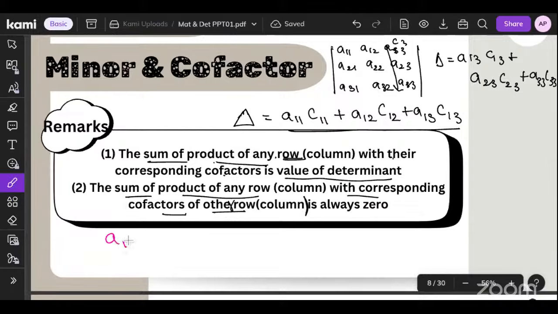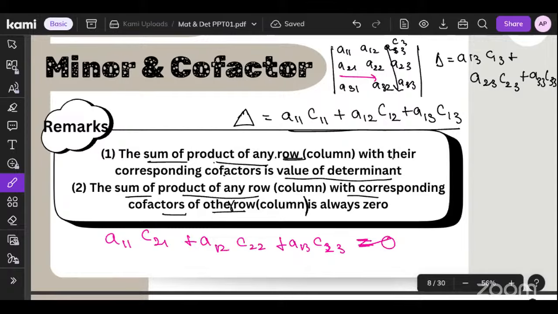If you have a11 and you write the cofactor for the second row, which is C21, plus a12 C22 plus a13 C23, the value will be 0. This is what we can overall conclude from what we have learned about minors and cofactors.